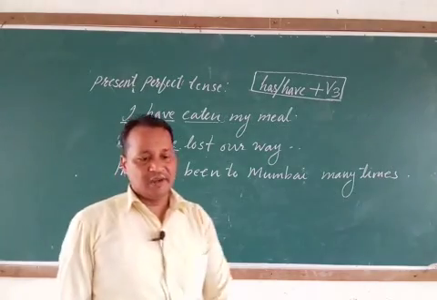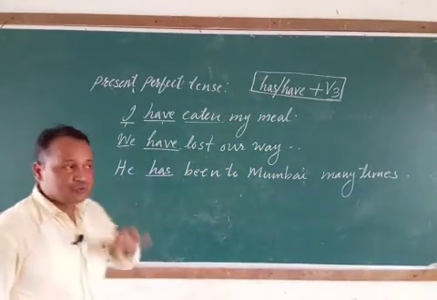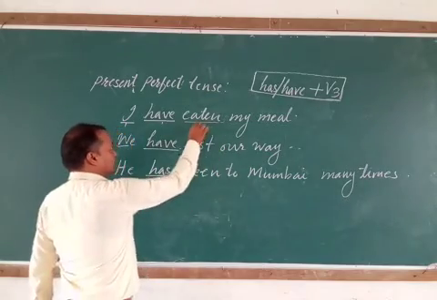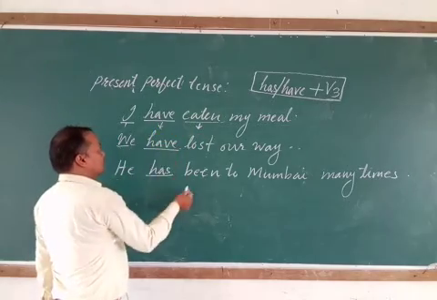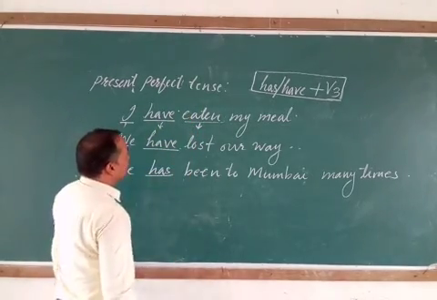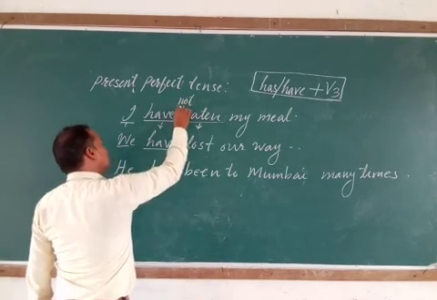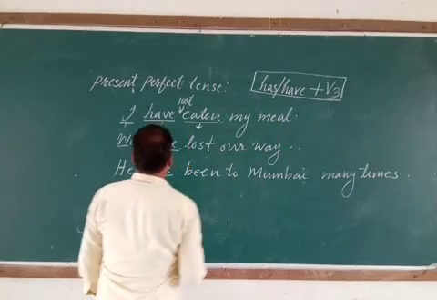If you want to make them negative, you will only insert not after the subject, before the main verb and after the helping verb. If you add not here: I have not eaten my meal.